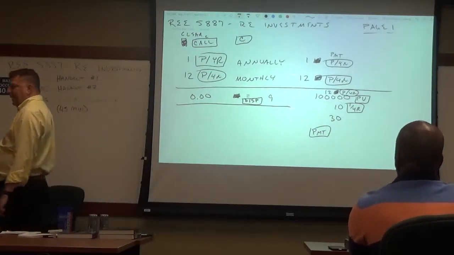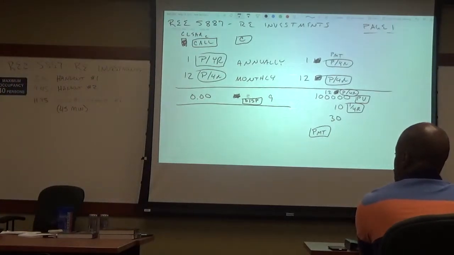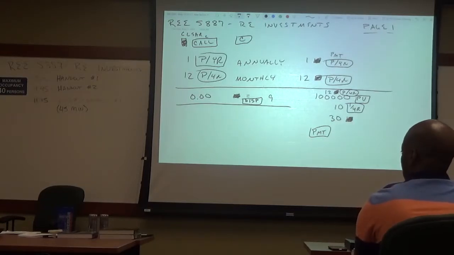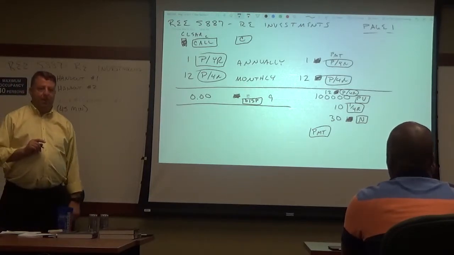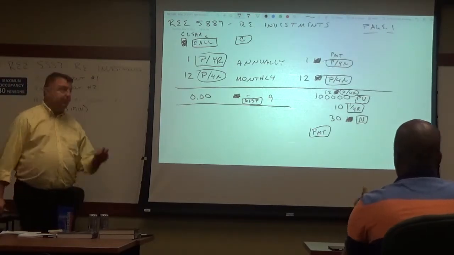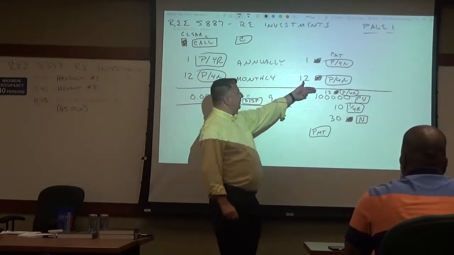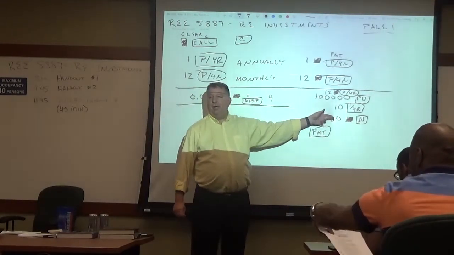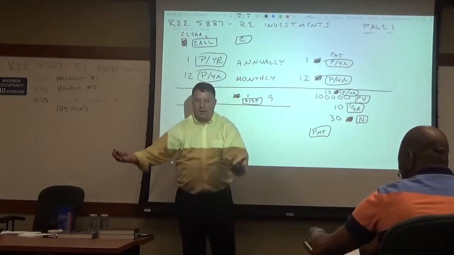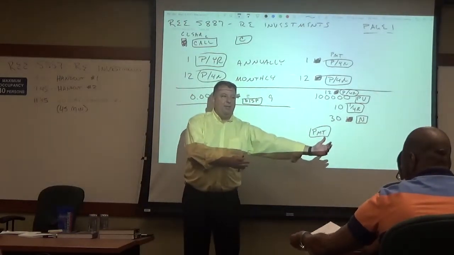Then the next step, which I'll explain, is you're going to hit 30, shift, and this is the key to hit that shift, and I'll explain why, in. Now, what you should see pop up in your display is 360, which is simply saying we have 12 monthly payments times 30 years. 12 times 30, 360.